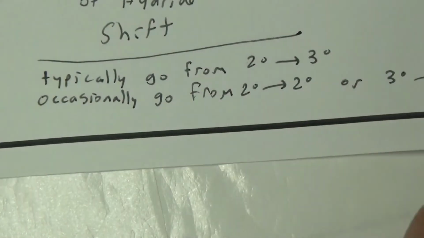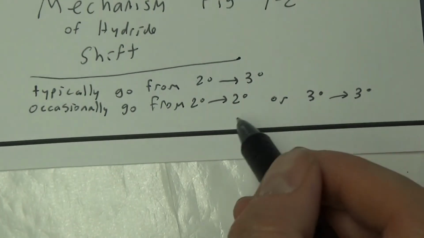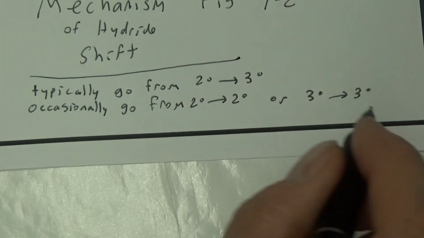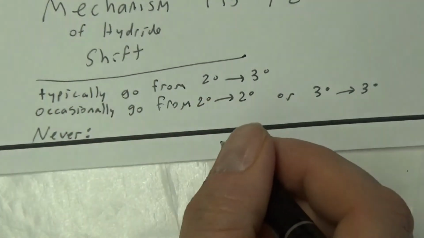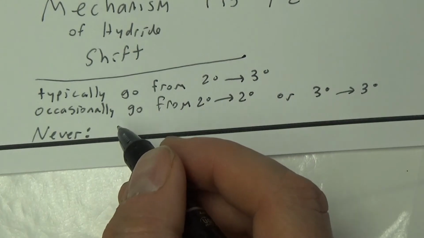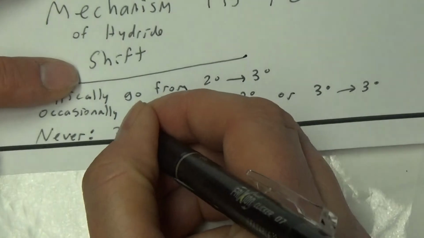And we'll show these examples, and the textbook has a couple homework problems of secondary to secondary, tertiary to tertiary. But what will never happen is going from a happy one to an unhappy one, right? It'll never go from tertiary to secondary.